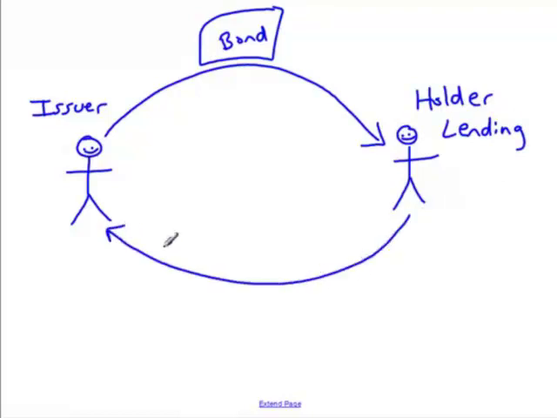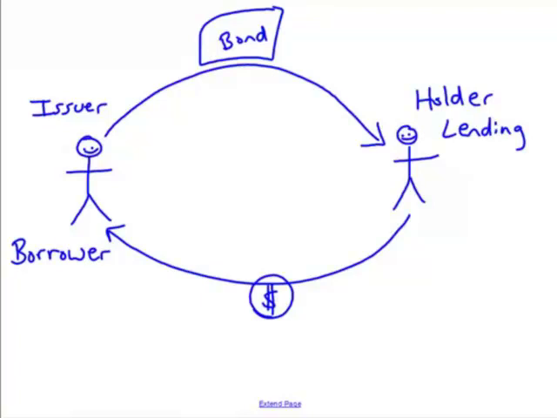In exchange for the bond, the issuer receives an amount of funds. So the bondholder, the person buying the bond from the issuer, is lending this amount of funds, and so the issuer is also the borrower of those funds. The issuer of the bond is the borrower. The holder of the bond is the lender.